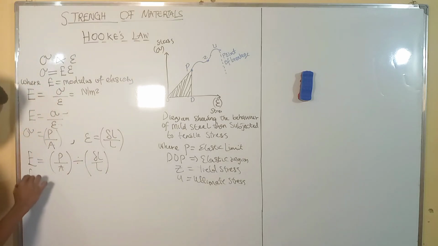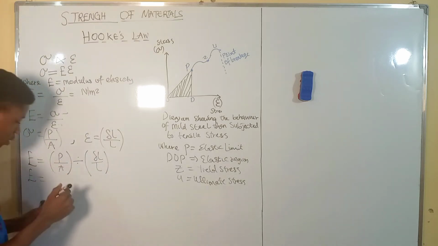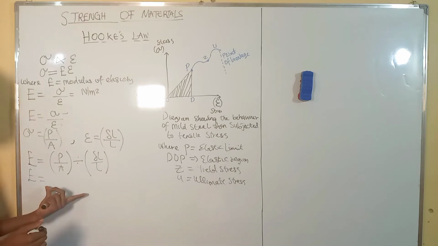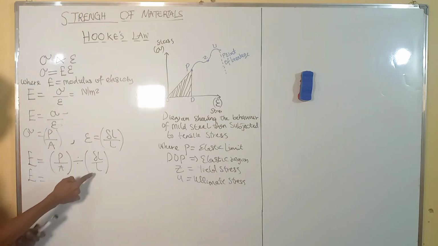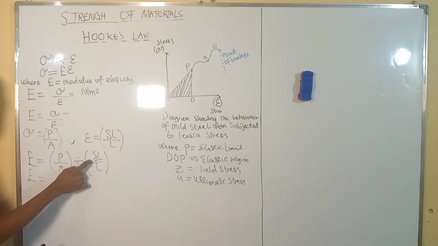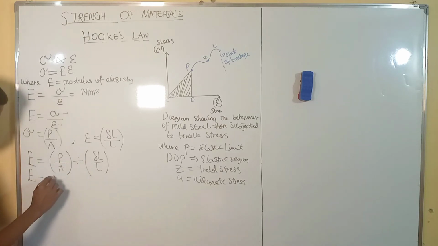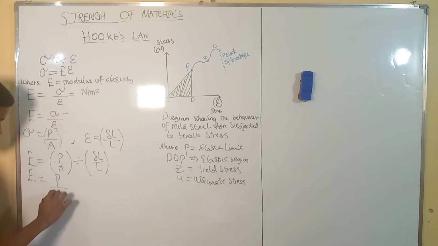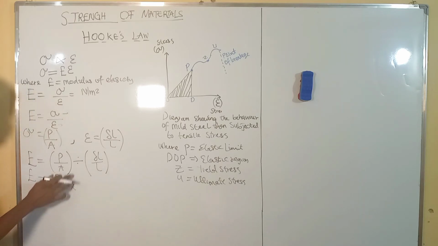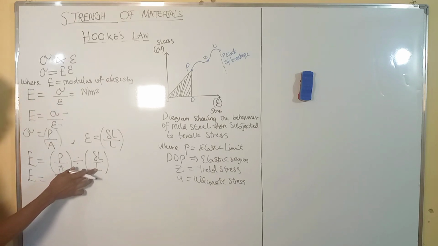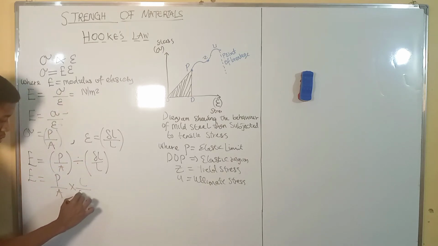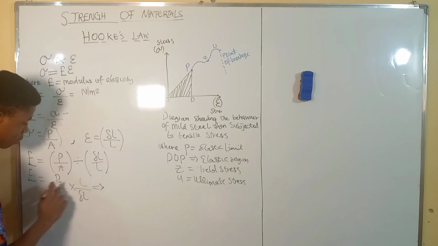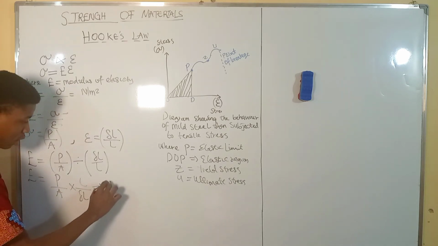We have E equals, now in arithmetic operations like this, for you to change division to multiplication, you take the inverse of the value. So we have P over A multiplied by L over the deformation. When you multiply P by L, you have PL.